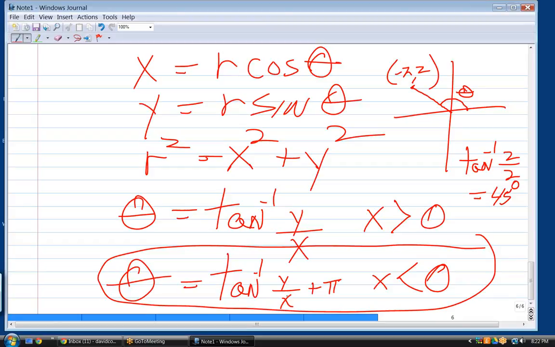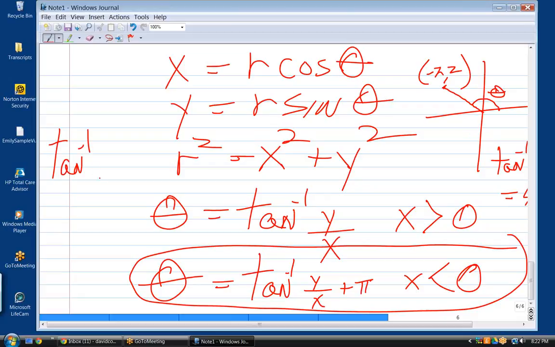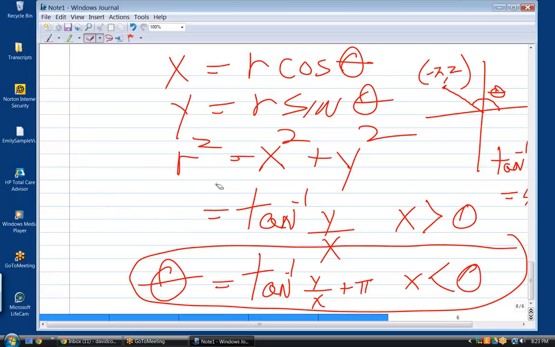If x is negative, we're going to need to take the inverse tan of negative 1, which is what? It's negative 45 degrees. Plus pi gives us our 135 degree angle. Okay? So that's what these bottom two things mean.